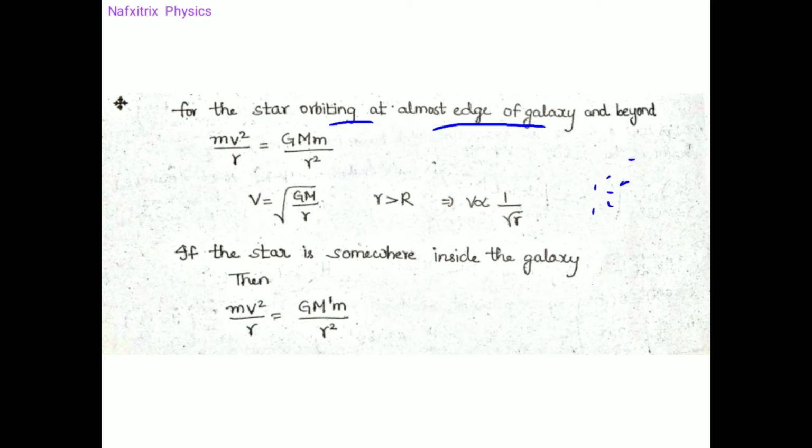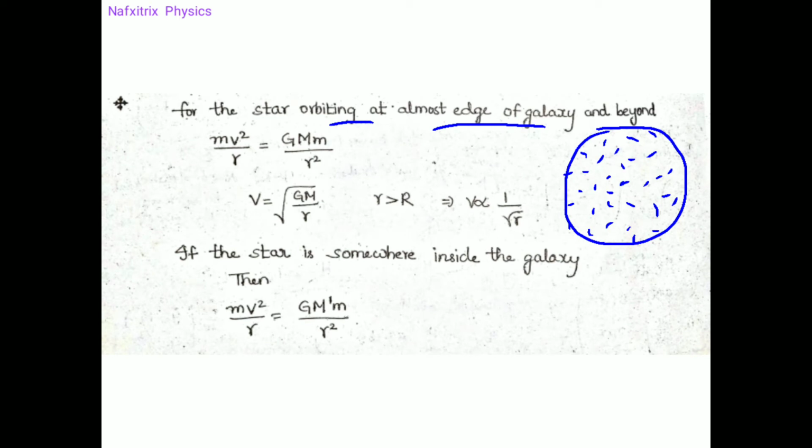A group of stars is nothing but a galaxy. This is some spherical galaxy, so let us consider spherical shape and even distribution of masses.